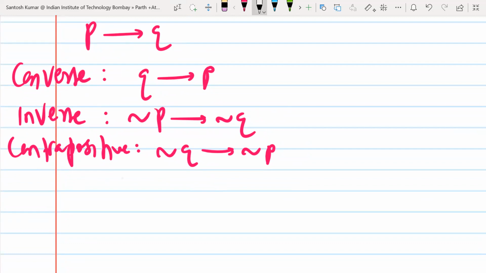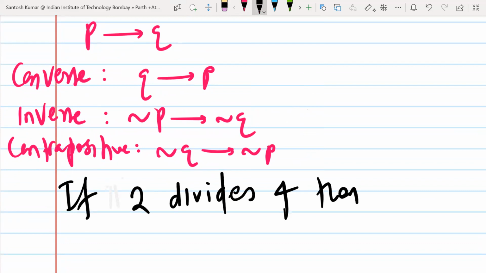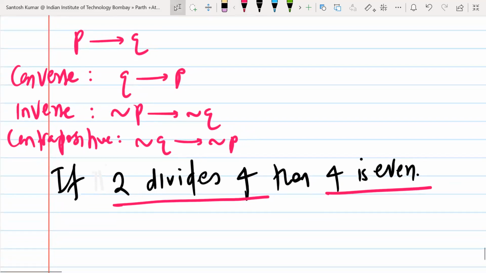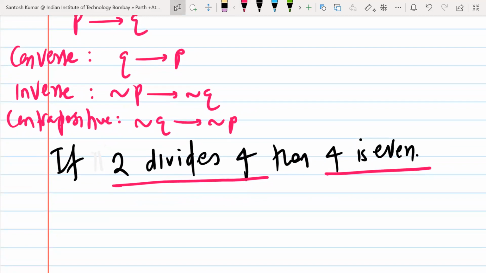Suppose the given statement is: if 2 divides 4, then 4 is even. Simple, the statement is if-then. So if P, then Q. Now tell me, you can first write in your notebook so that it will be easy for you, or you can say it directly. Tell me the inverse of this statement. How will you write the inverse of the above statement?